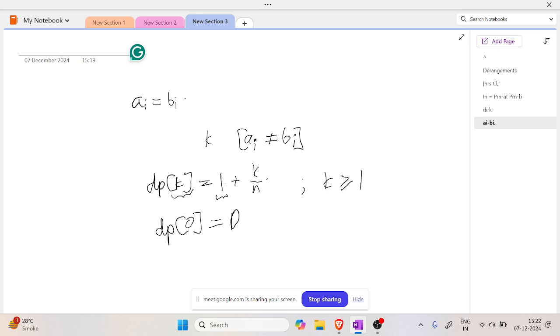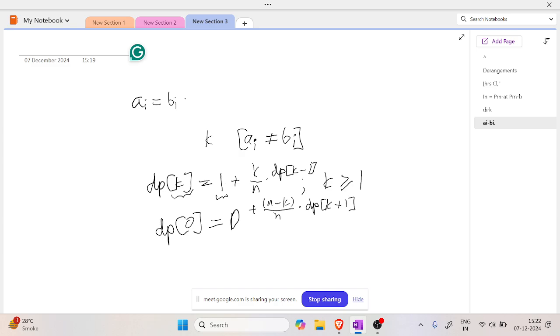So either you have a probability of k by n of choosing a mismatch and then fixing it, in which case you go to dp of k minus 1, or you have a probability of n minus k by n of choosing something which is already fixed and mismatching it again. So this is the recurrence that you get.